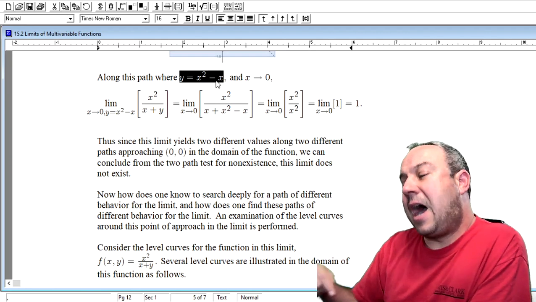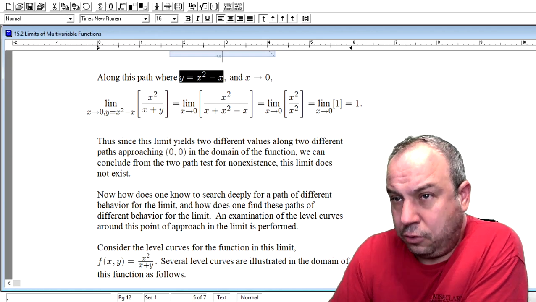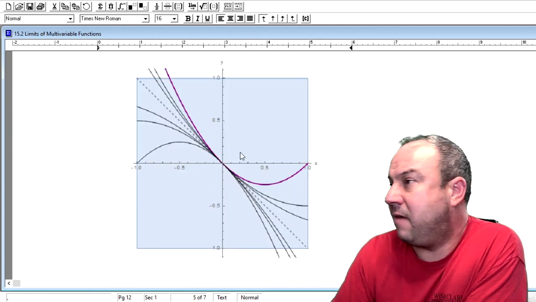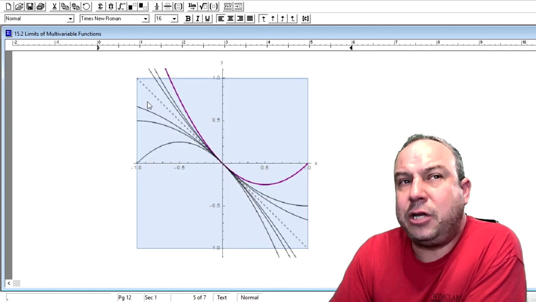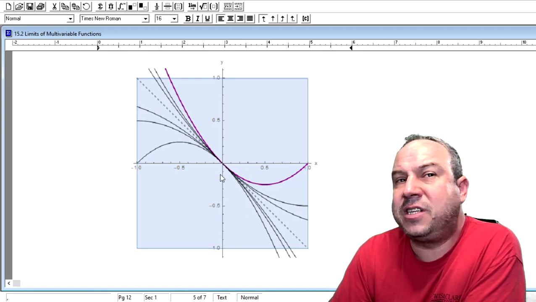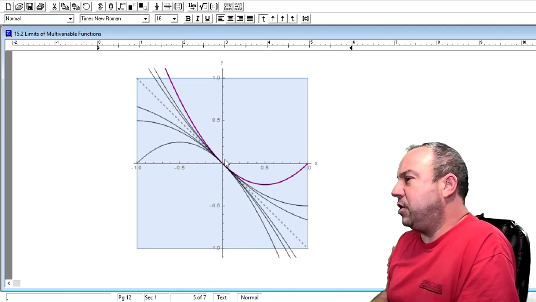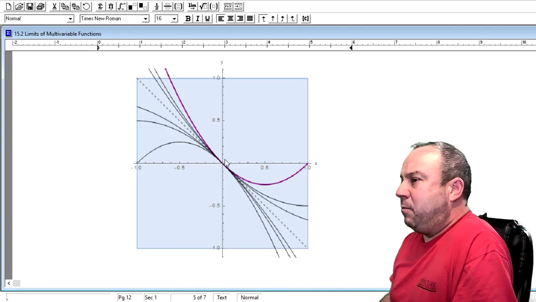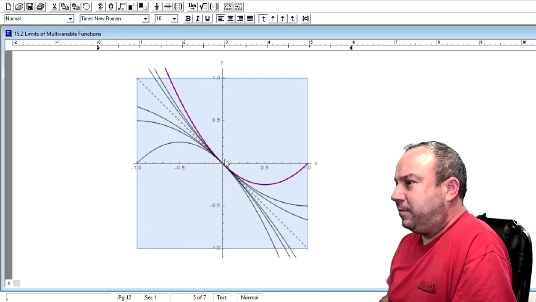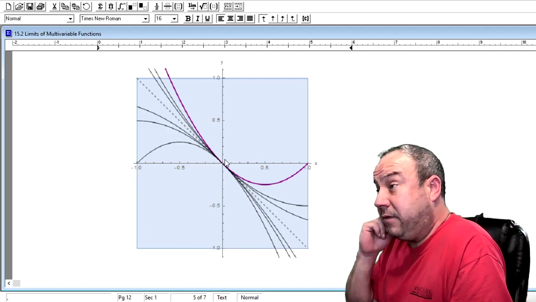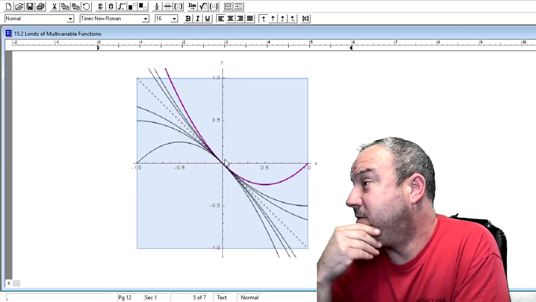I knew by examining my level curves that I could produce several different values of z, where at the origin I would have different outputs of the function, due to the behavior of the surface at this location.